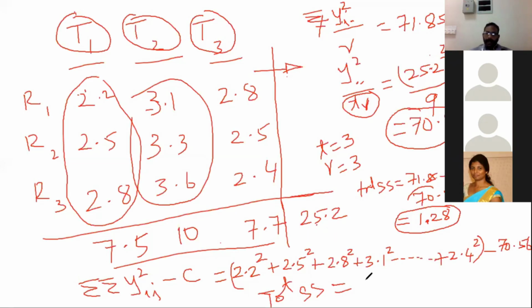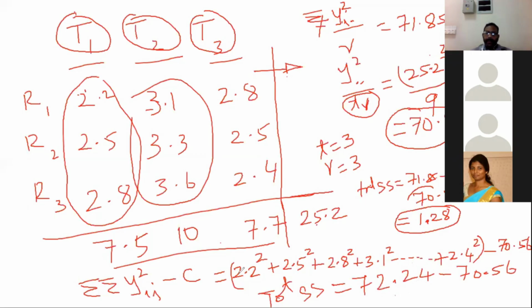Okay, somebody said 72.24 minus 70.56. Is that correct?